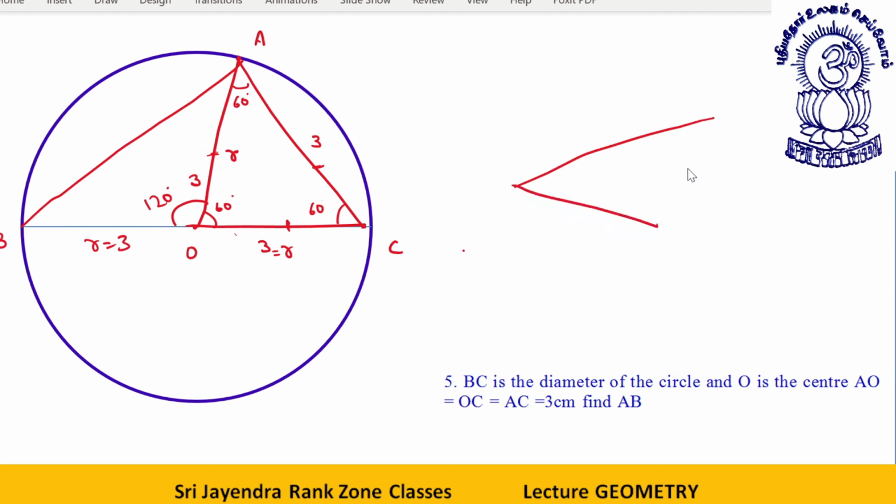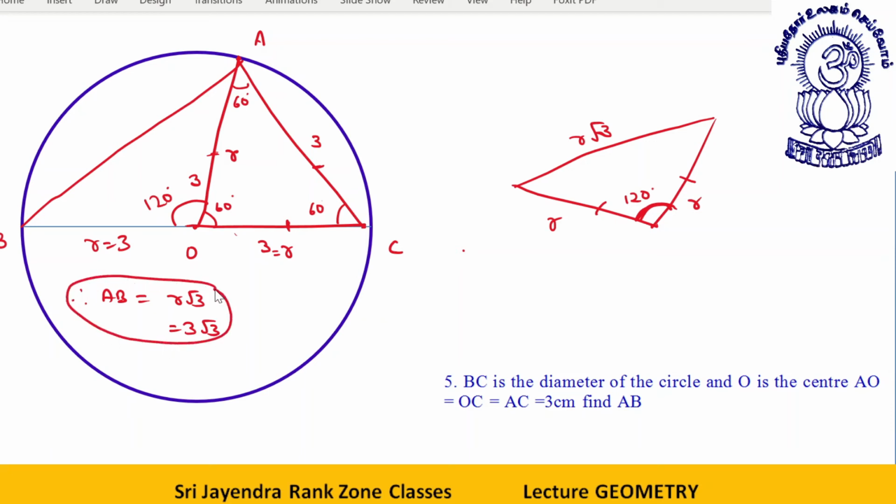If in a triangle these two sides are equal and this angle is given to you, if this is r, this is r, this will be r root 3. Therefore AB will be equal to r root 3 or 3 root 3. This is your answer. AB will be equal to 3 root 3.